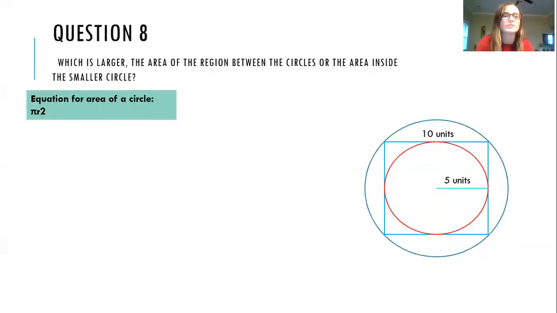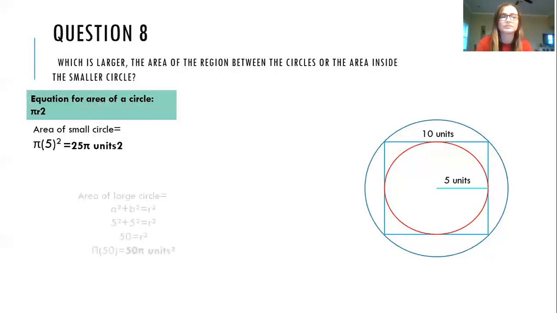So the first thing we have to know is the equation for the area of a circle. The equation for the area of a circle is pi times radius squared. So the area of the small circle would be pi times 5 squared, which equals 25 pi units squared.